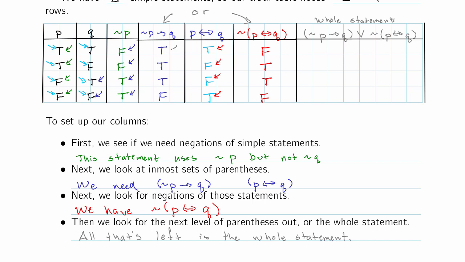So, this column is true, this column is false. OR them together and we get true. This column is true, this column is true. OR them together and we get true. This column is true, this column is true. OR them together and we get true.